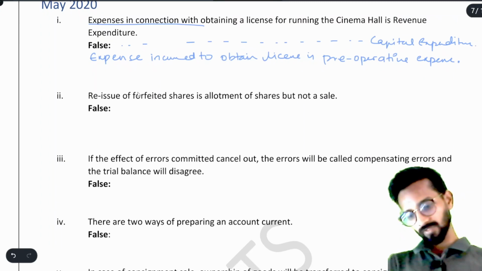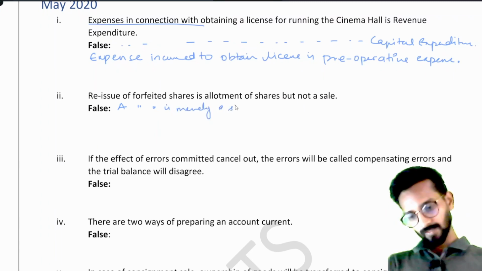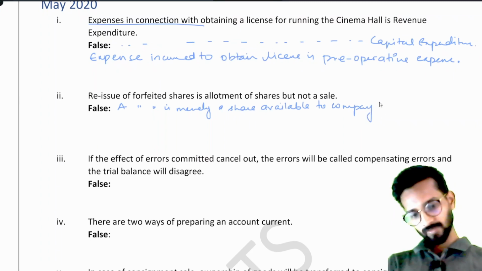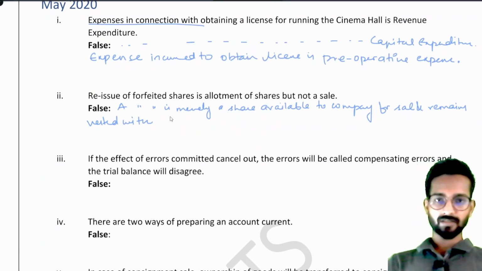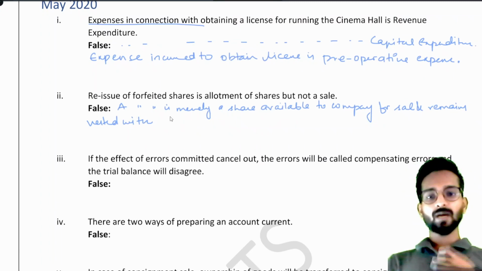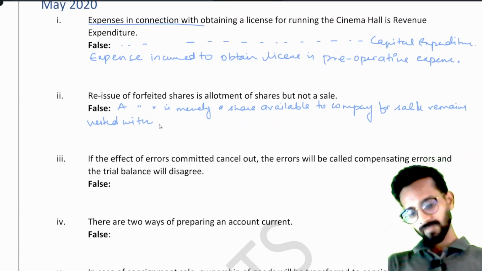No, who told this? False, because a forfeited share is merely a share available to the company for sale and remains vested with the company. What does forfeited mean? Cancelled. The company cancelled some shares. Now the company has the authority to resell them. Vested with the company, so obviously it is a sale only.